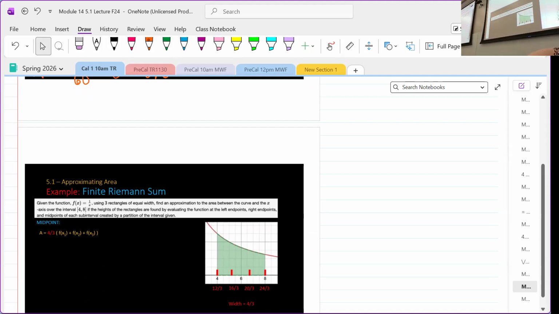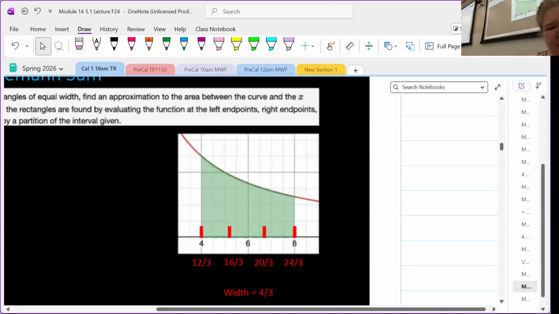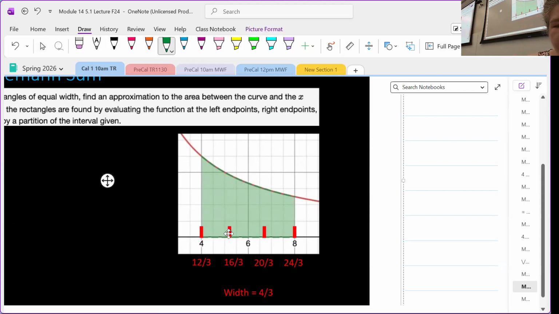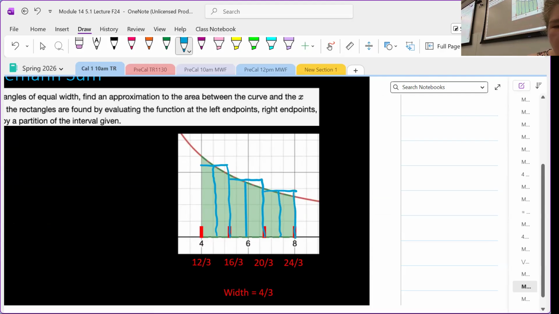And the midpoint does, for the most part, seem to give us a better approximation, because it gives us a little bit of over and under.